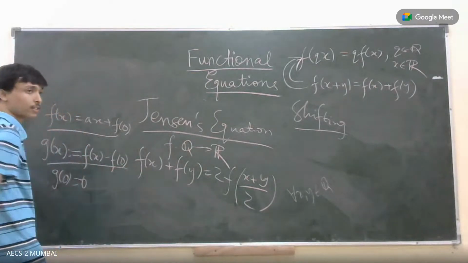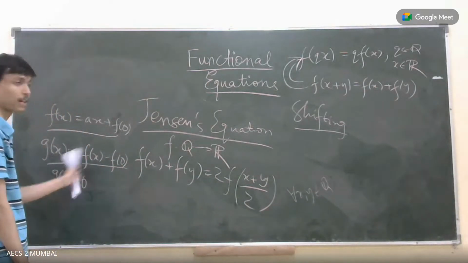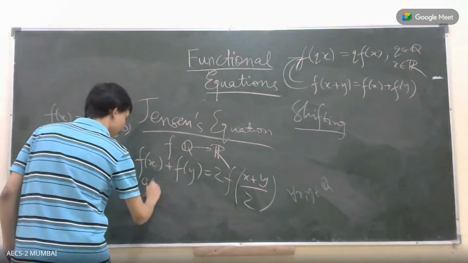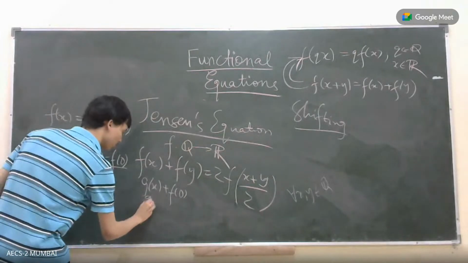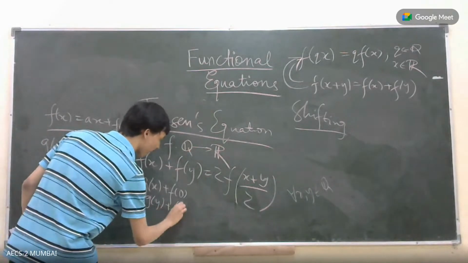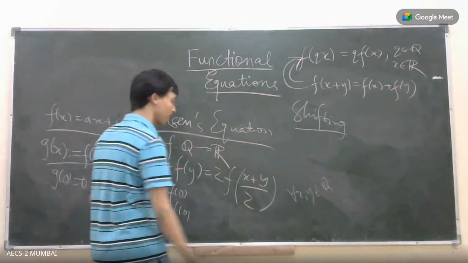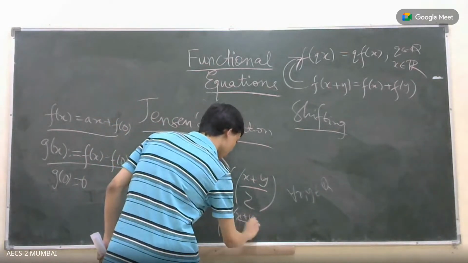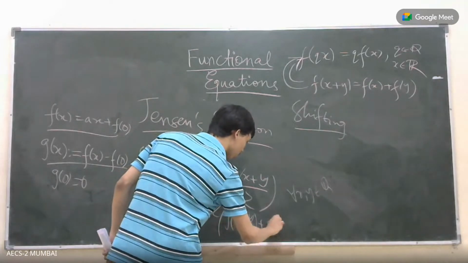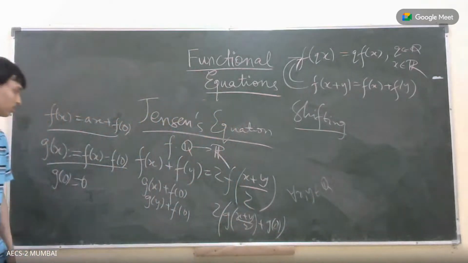Now, what is f(x)? g(x) + f(0). What is f(y)? g(y) + f(0). What is f((x+y)/2)? g((x+y)/2) + f(0).